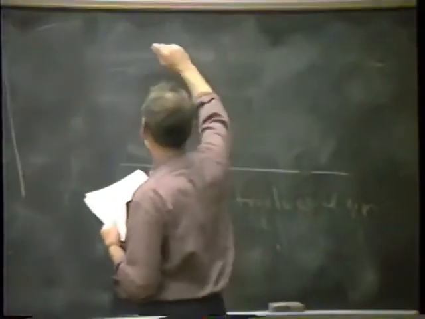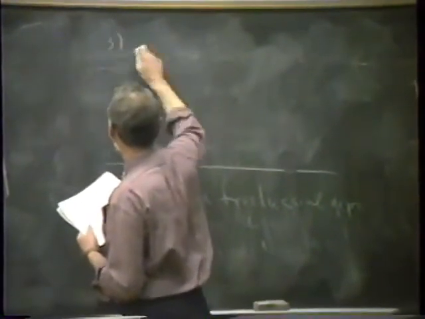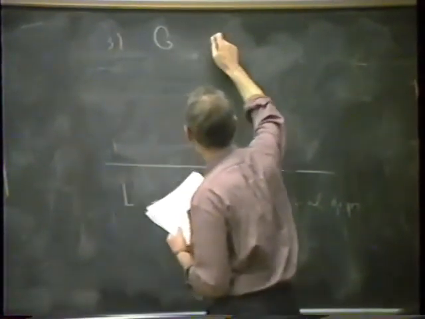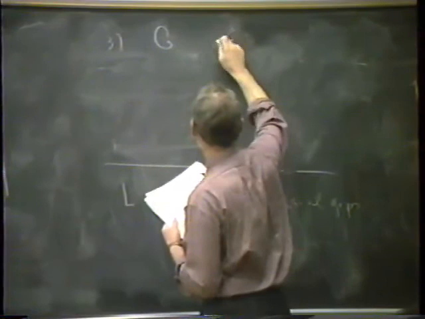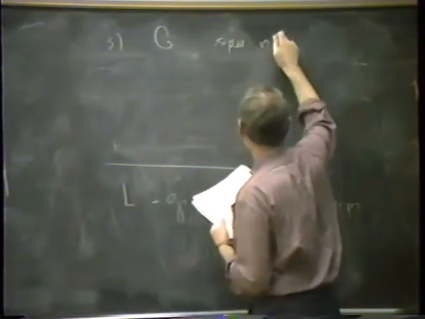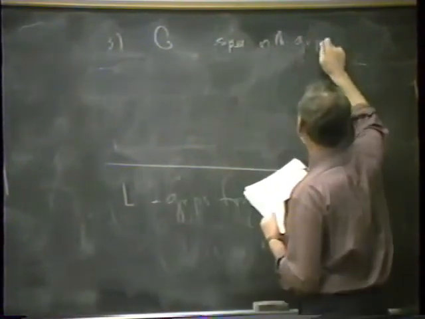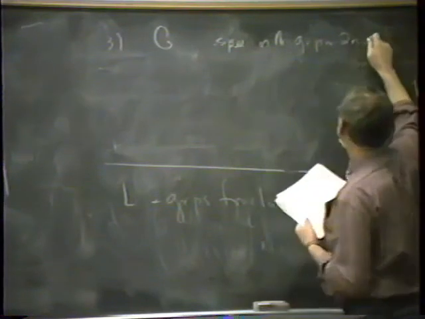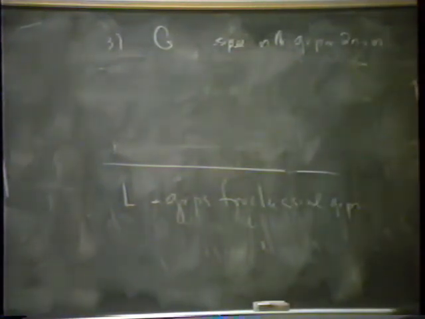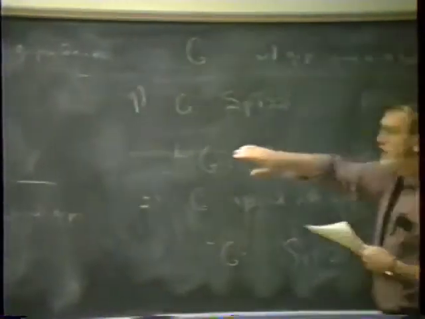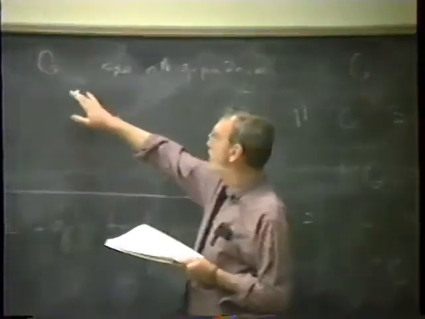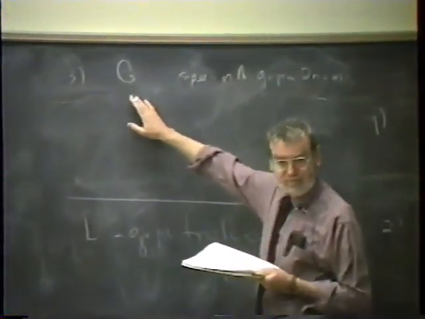And one more example would be to take G to be the special orthogonal group in 2n variables. But the difference between the special orthogonal group in 2n variables and in an odd number of variables is that this, so to speak, has many more outer forms.